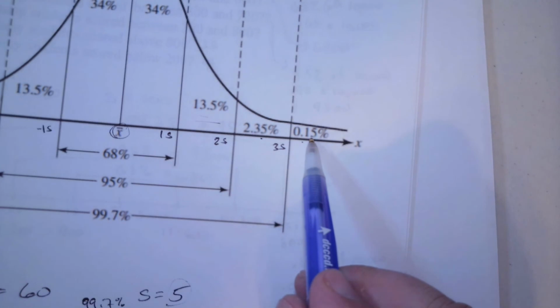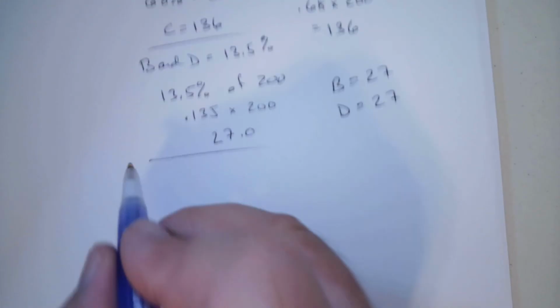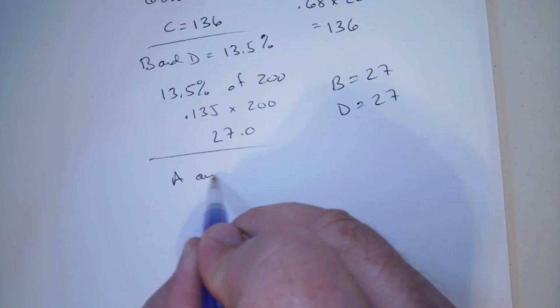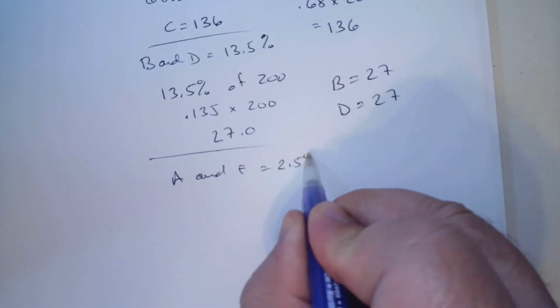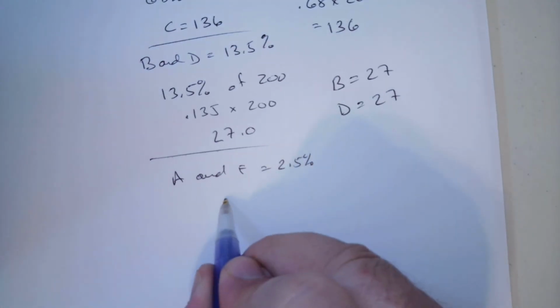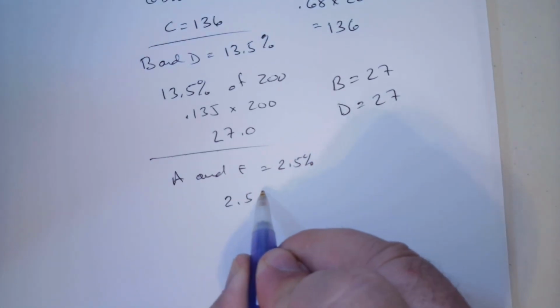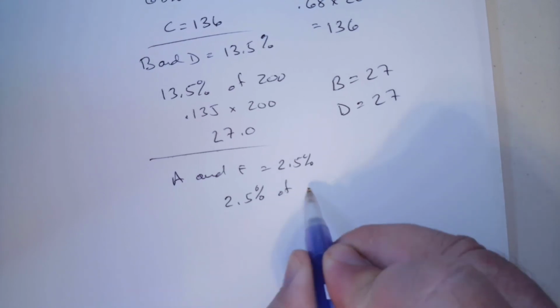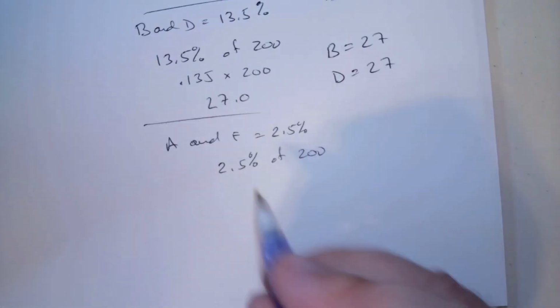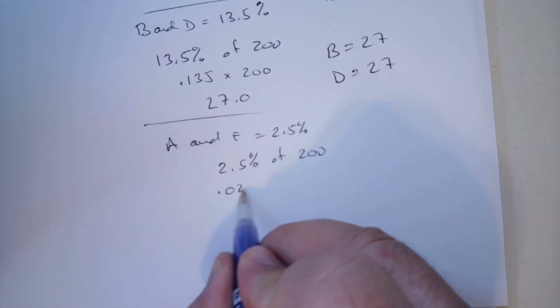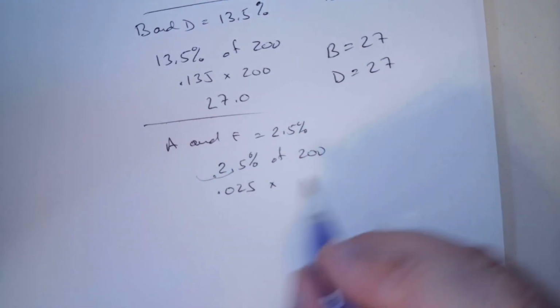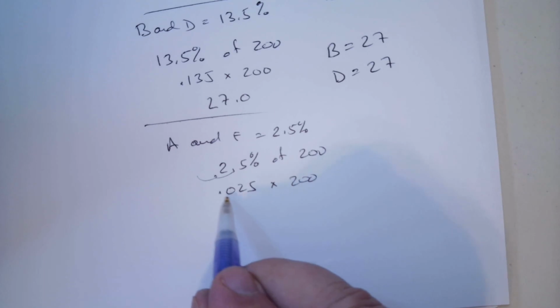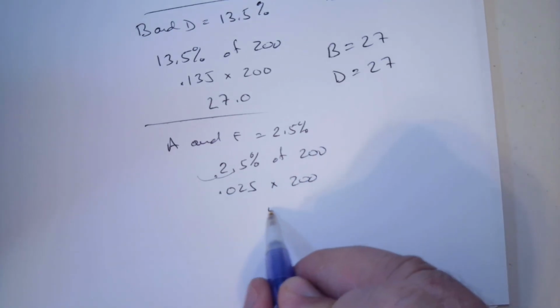13.5 plus 0.5... rather, 2.5%. A and F will equal 2.5%. So 2.5% of 200. So move the decimal 2 to the left. 0.025 times 200, which gives us 5.